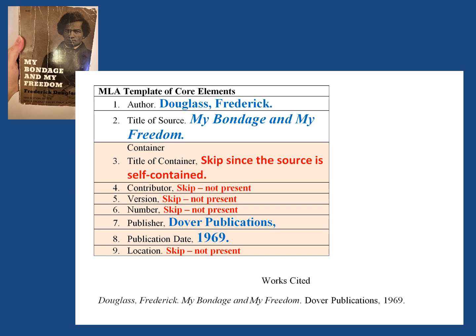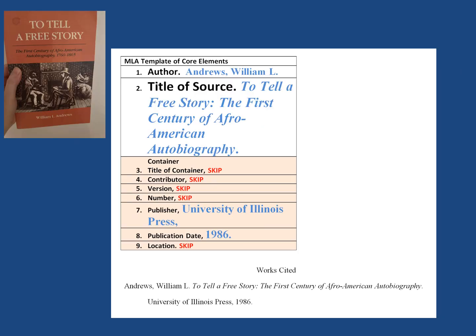Frederick Douglass's My Bondage and My Freedom is also italicized and followed by a period. It is important to distinguish between the two types of sources so that you can style them in the proper way.